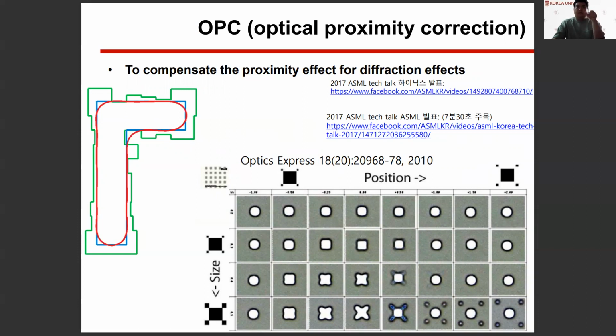To deal with this, we use computers to calculate how the light can be constructively or destructively scattered. With these computers, we make the optically corrected photomask image.